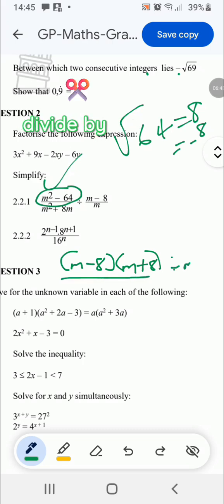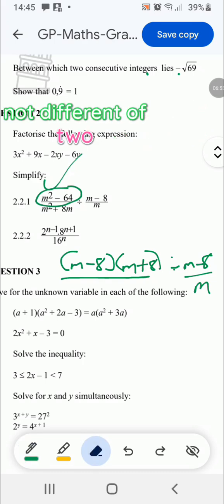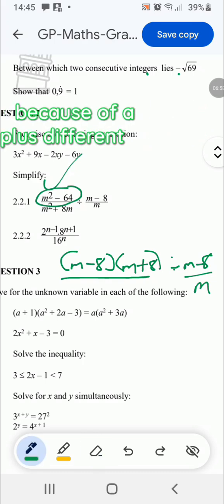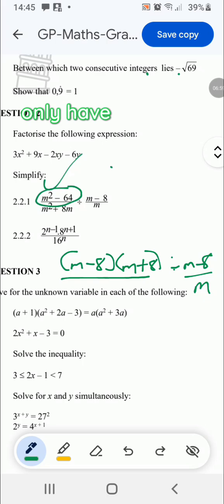Divide by m minus 8 over m. What about m squared plus 8m? These are not difference of two squares because of a plus. Difference of two squares only has a minus, minus some number. But this one has a plus, so we just take out the common factor.